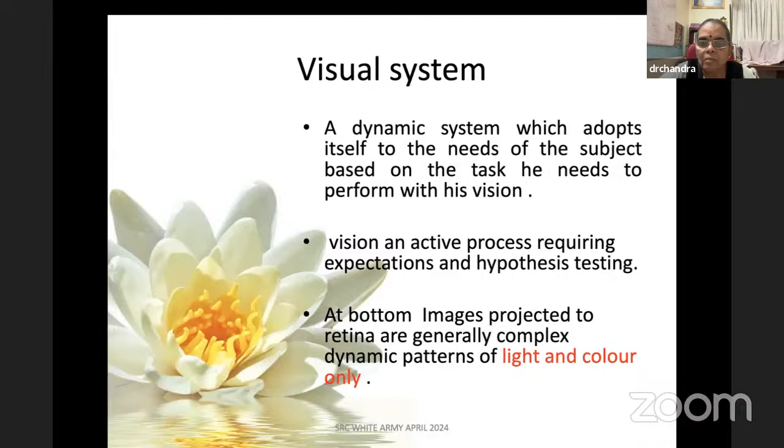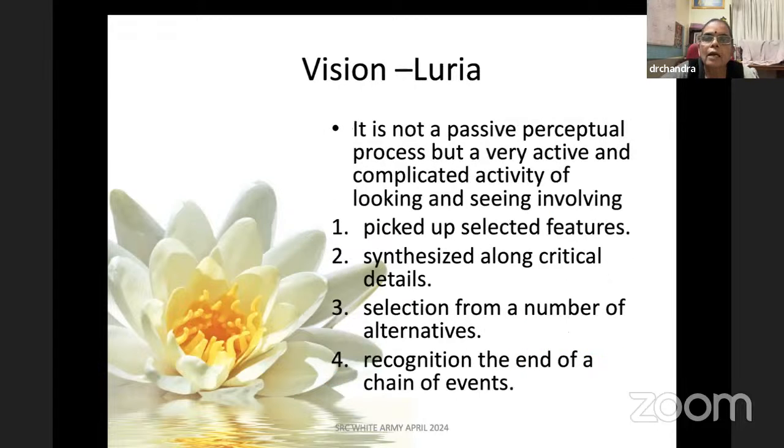At the bottom, images projected to the retina are generally complex dynamic patterns of light and colors. What we see as a flower or a person is not really what is represented in the retina. It is only various frequencies of light and colors. And it is not a passive perceptual process, but a very active and complicated activity of looking and seeing, involving picked up selected features.